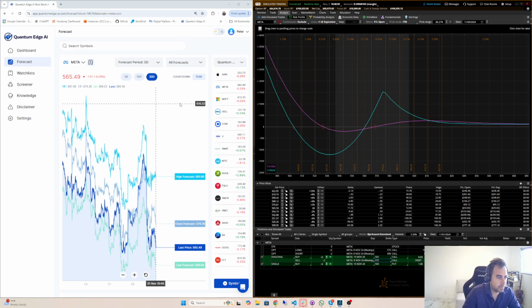So say for example, price gaps up here. It blasts through the high forecast, and now it's in a location that is way over here. Well, you're still profitable over here. Your P&L is still positive. And that's the type of trade you want to be in. You want to be in a trade that you're not sitting in taking consistent losses.